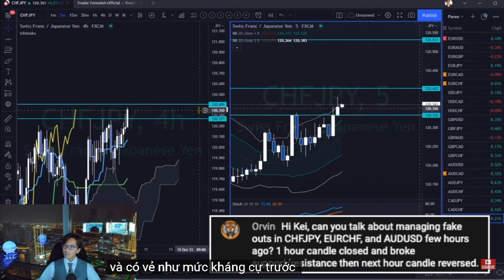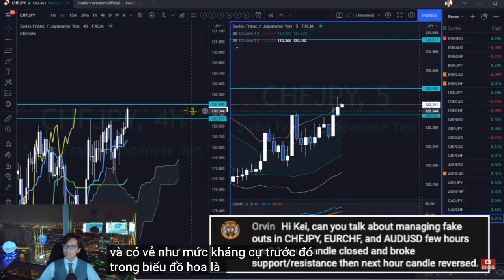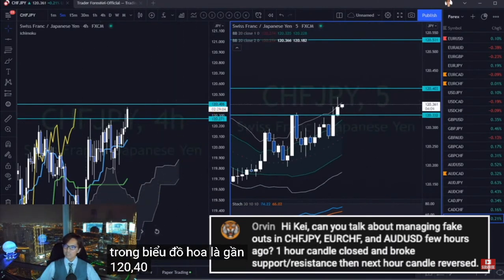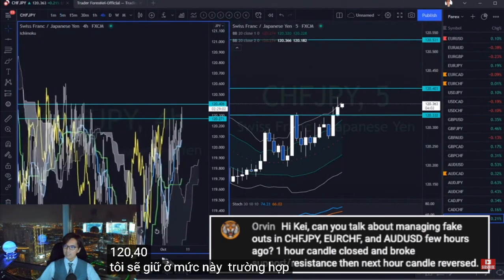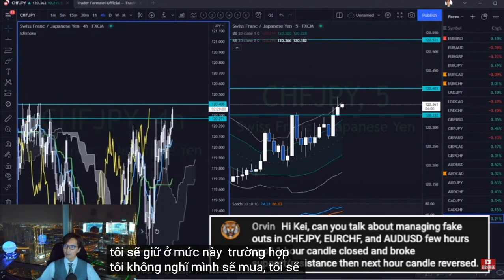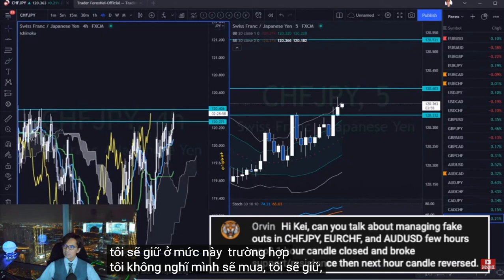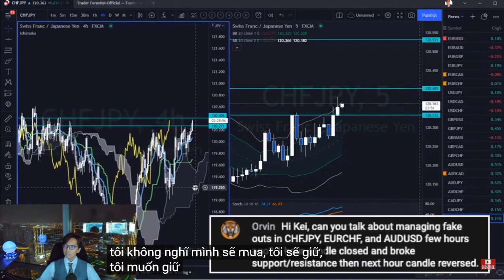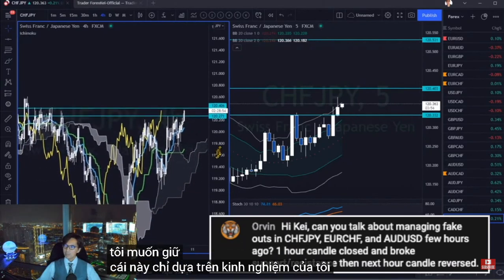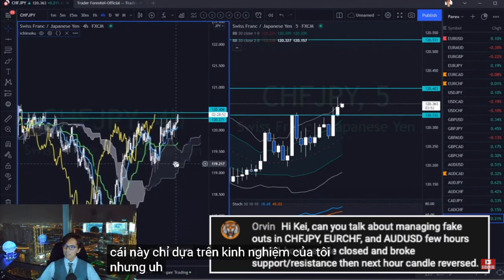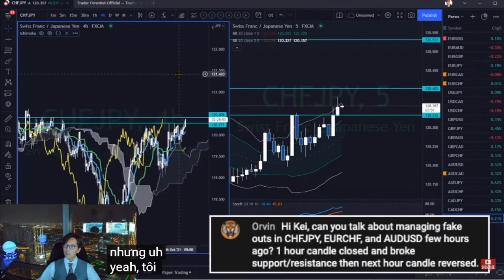And since the previous resistance level in the 4-hour chart is kind of close, 120.40, I would hold in this case. I don't think I will buy. I would prefer to hold. This is just based on my experience, but yeah, I would prefer to hold.